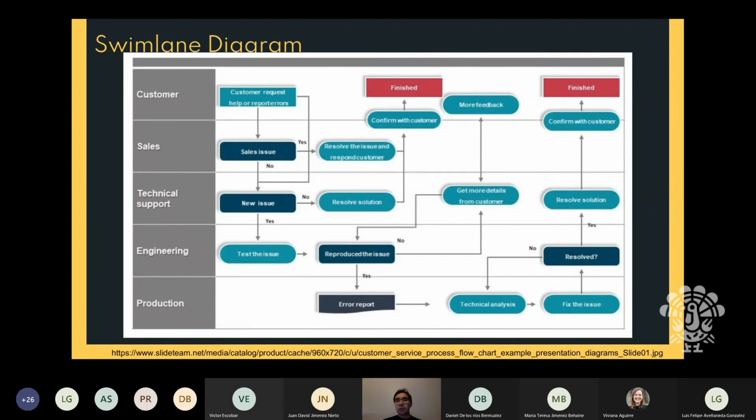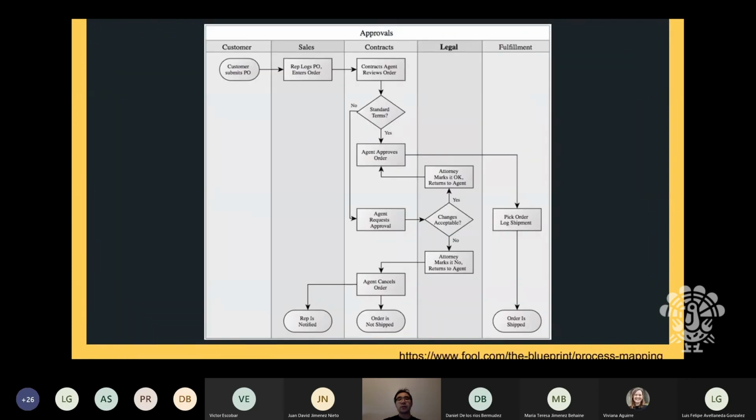So if we follow this example here, it's for approvals. So you start with a customer, they submit a purchase order. The sales, they take that PO, they enter it into the system. And in the contracts group, they have an agent who reviews it. Is it standard terms, very easy, and they just let it through, yes or no? If it's yes, then they pick the order, they log the shipment, and it's shipped.